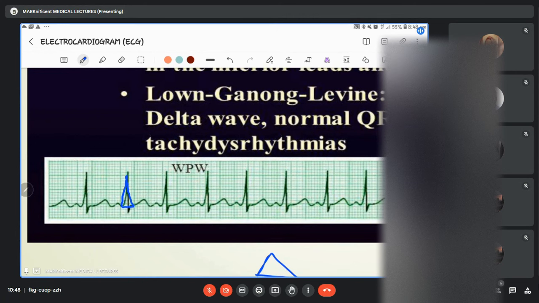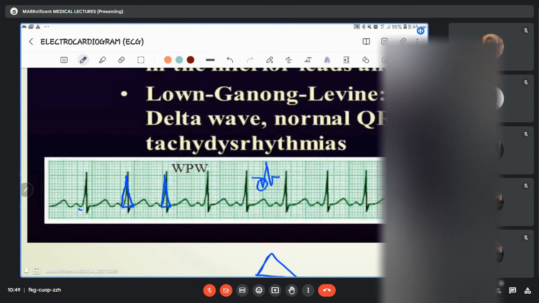You think it is normal. It looks like the normal QRS complex, but the QRS comes this way. But then there's no extension of this Q wave.